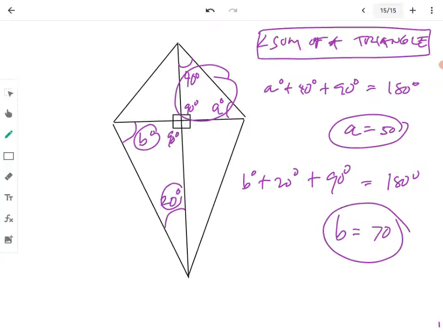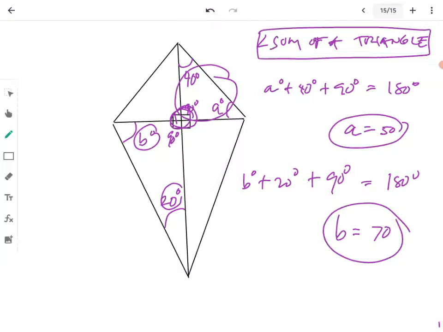There are other properties that help form that equation. The rule is the angles of a triangle, but there are underlying principles that help us make the equation, because we know that this is 90 degrees, since the diagonals cut each other at right angles.